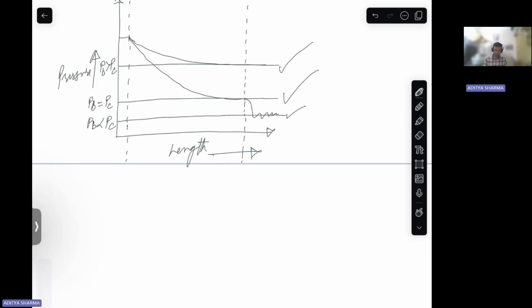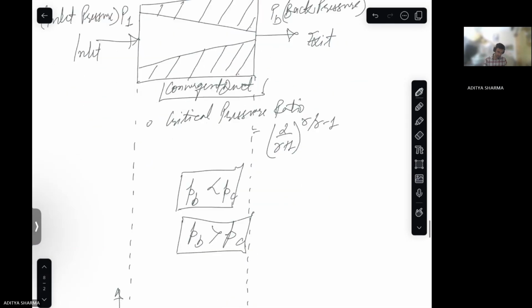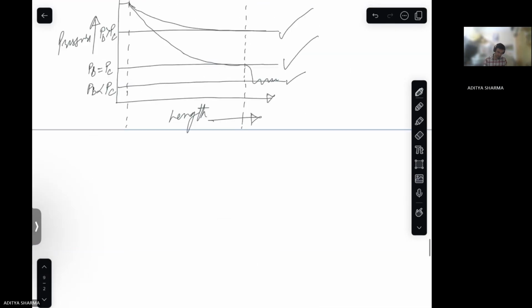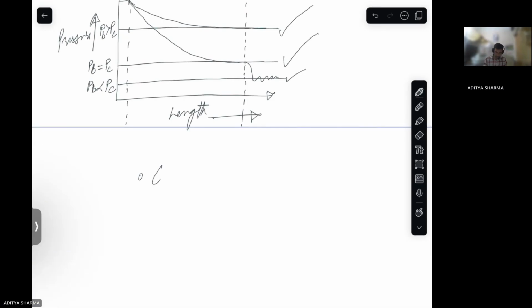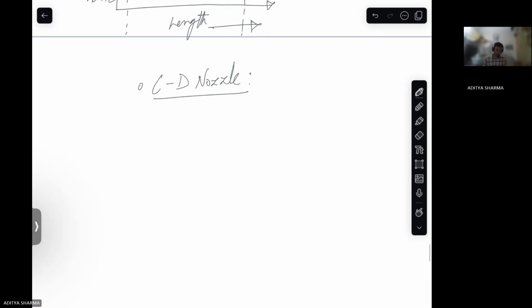Then is your CD nozzle. So first I'll draw.